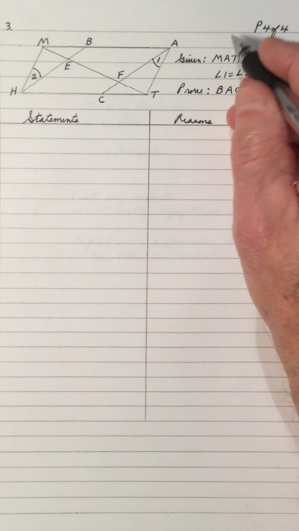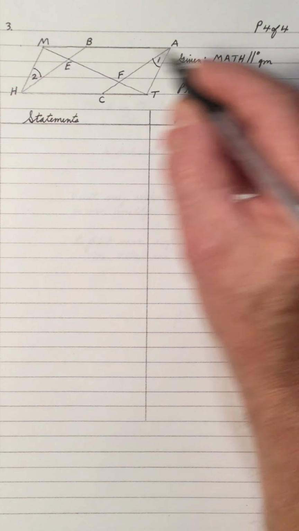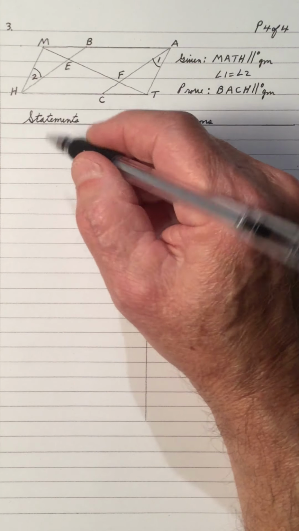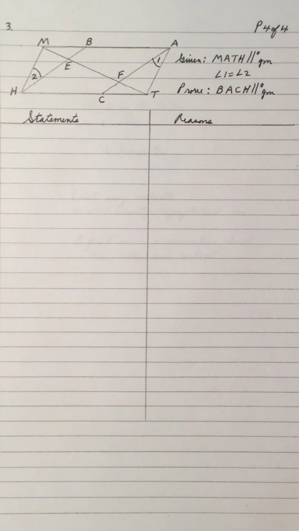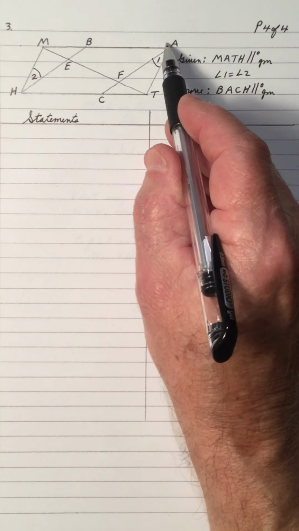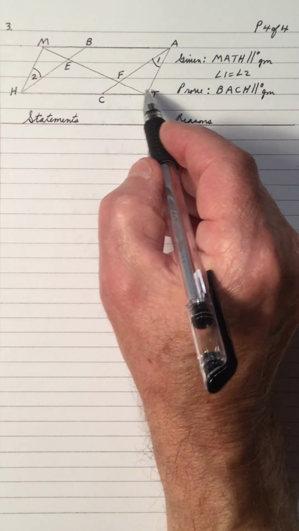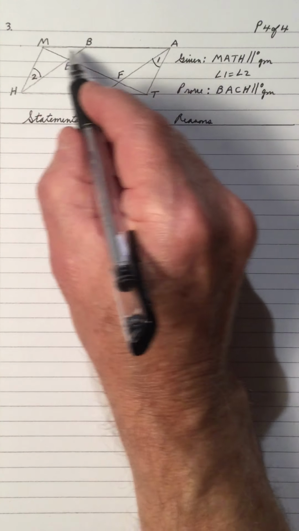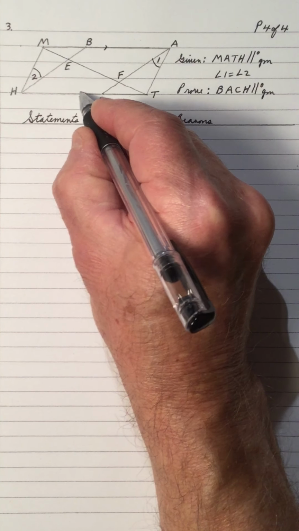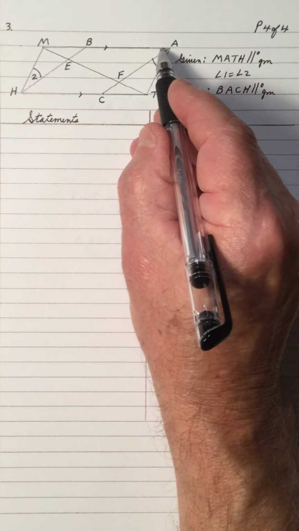So we have to use information from this parallelogram to get into the triangles, make the triangles congruent, and then use that information from the triangles to get this a parallelogram. So one thing I noticed, MATH is a parallelogram. That makes this line parallel to this one. At the same time, that's a parallelogram with these sides parallel.